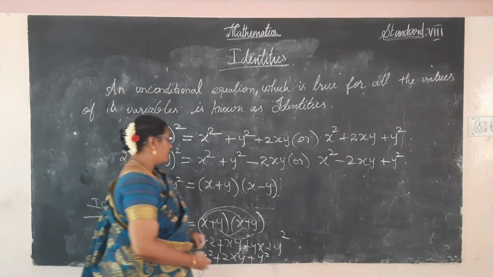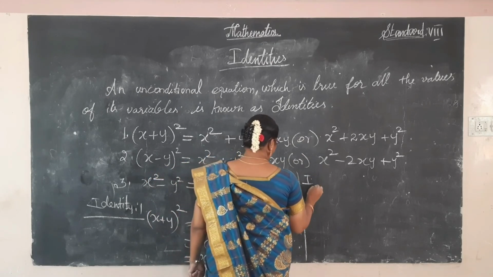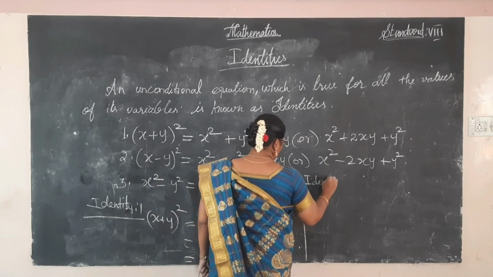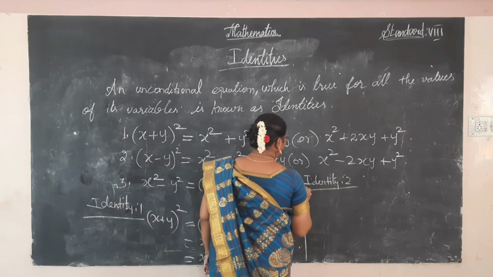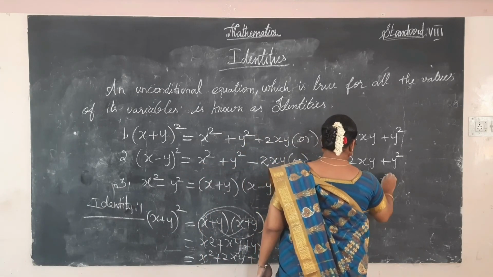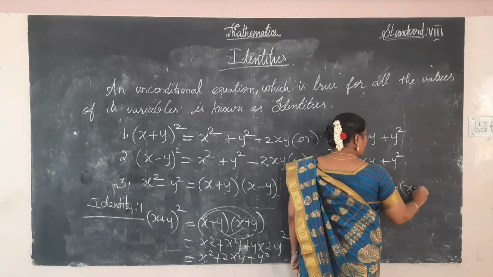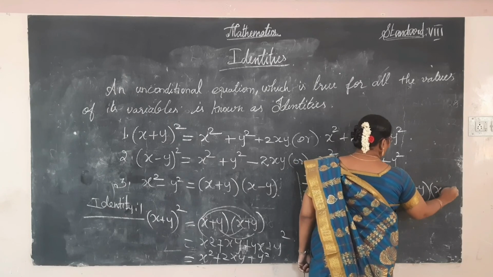Okay, and next, identity 2: x minus y the whole square. It can be written as x minus y into x minus y.